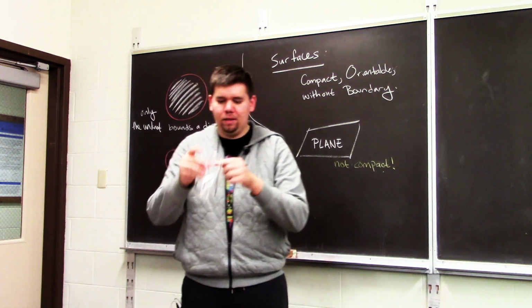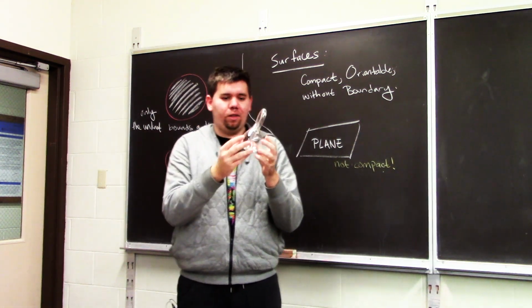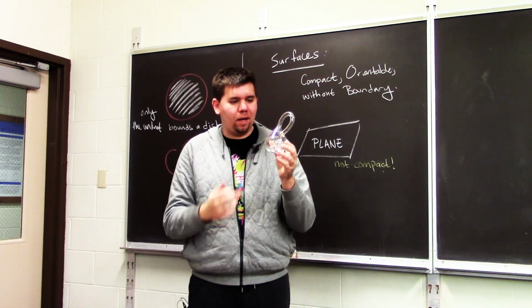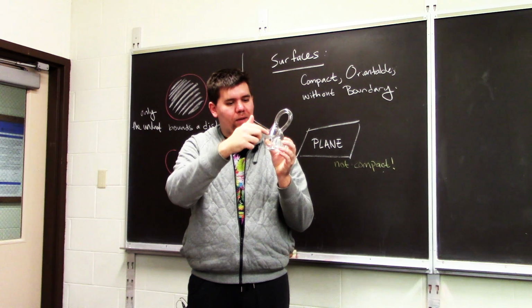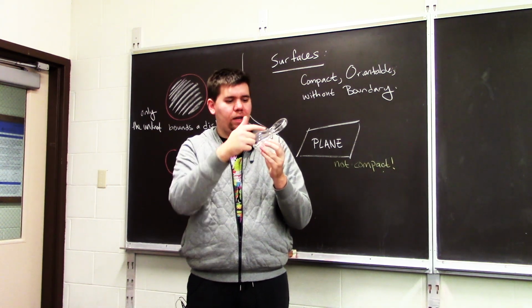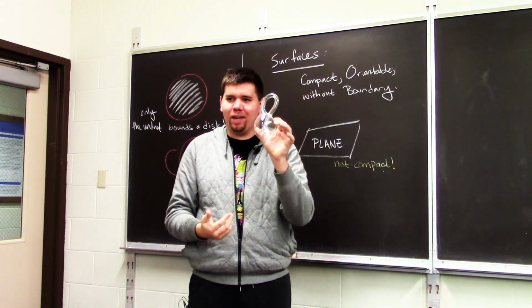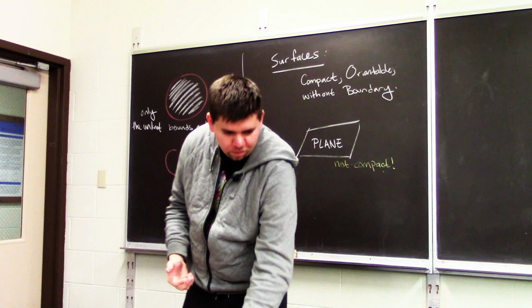Something like the Klein bottle. Why is it not orientable? Because you can't tell the difference between the inside and the outside. If you're an ant walking along the outside, you could end up walking along and you'd find yourself on the inside. So you can't discriminate between the outside and the inside. So a Klein bottle is an example.